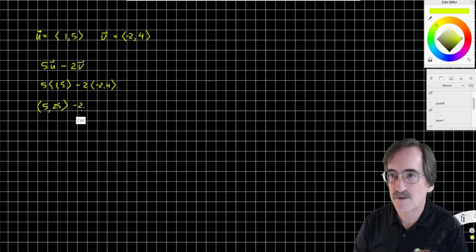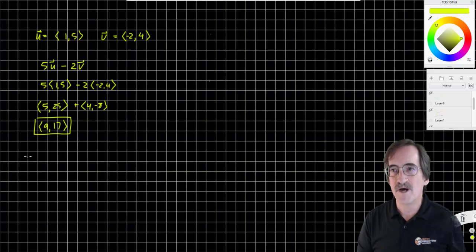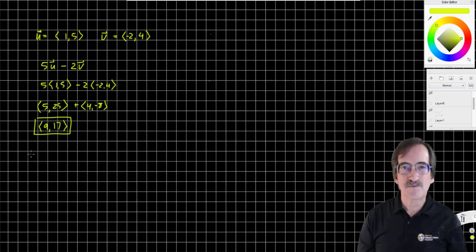Minus 2, so think of the 2 as negative. -2 times -2, just like distributing in parentheses, is 4, -8. And then add the components. 5 plus 4 is 9. 25 minus 8 is 17. And so this is 5u minus 2v: 9, 17.